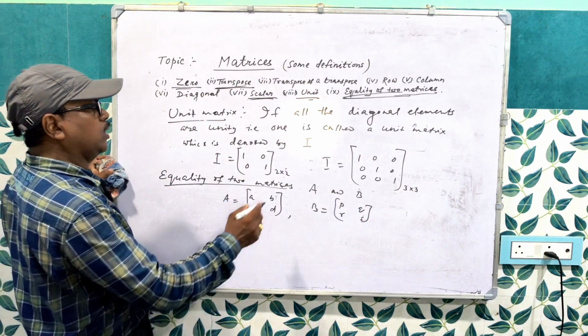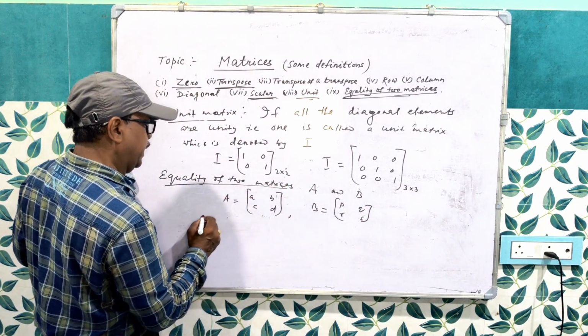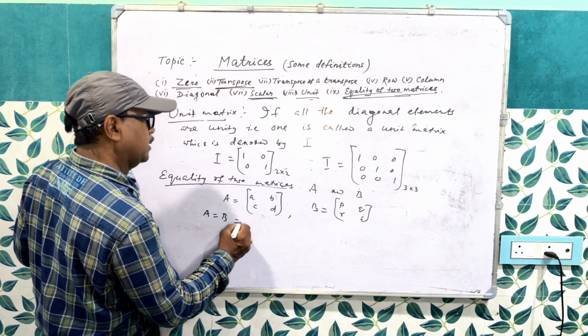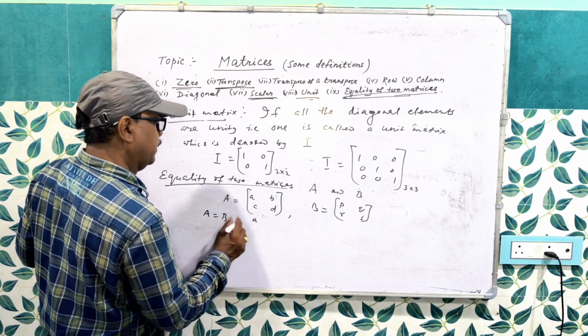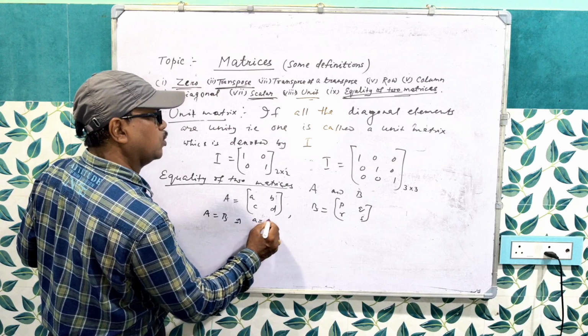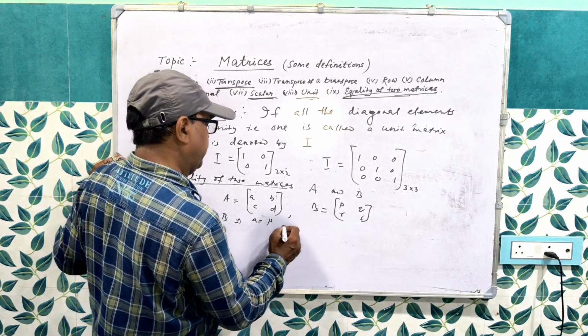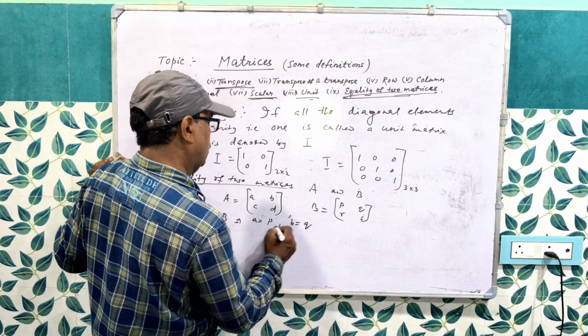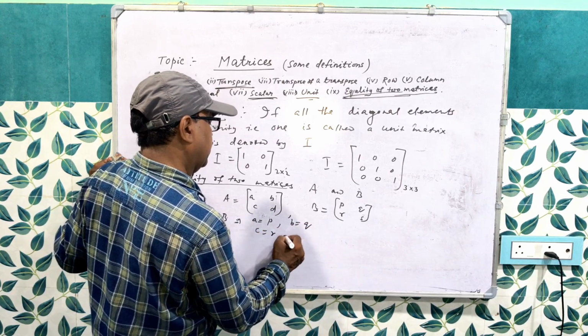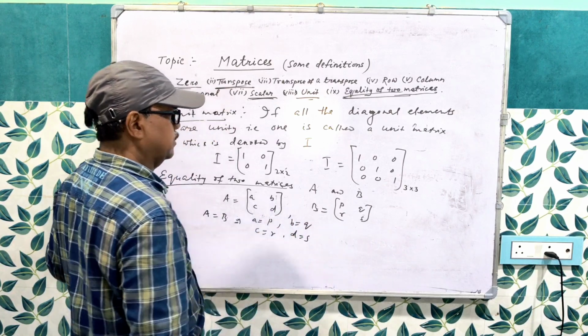Then A is equal to B means the corresponding elements are equal: a is equal to p, b is equal to q, c is equal to r, and d is equal to s.